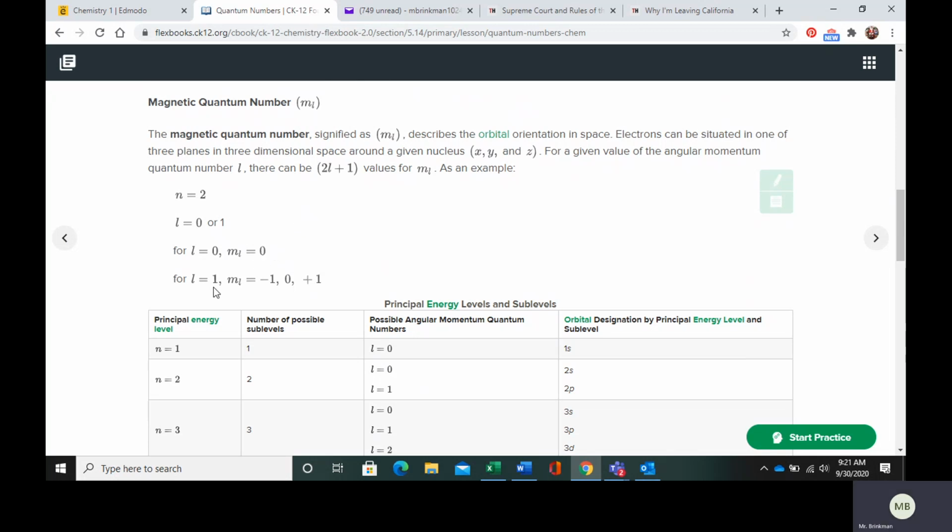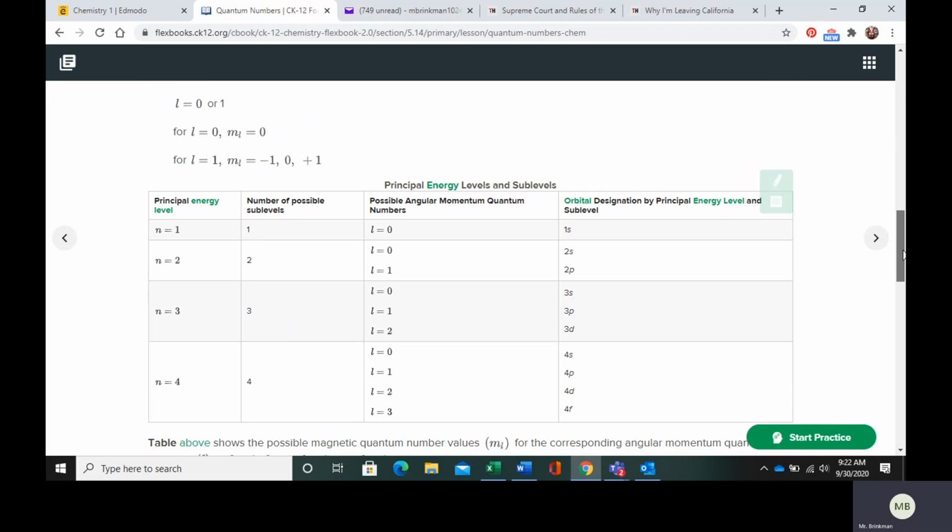If we have L equals 1, we have 2 times 1, which is 2, plus 1, which gives us 3. 3 values that m can be. So these can be -1, 0, or +1. And it all really has to do with its position on the axes. All right.